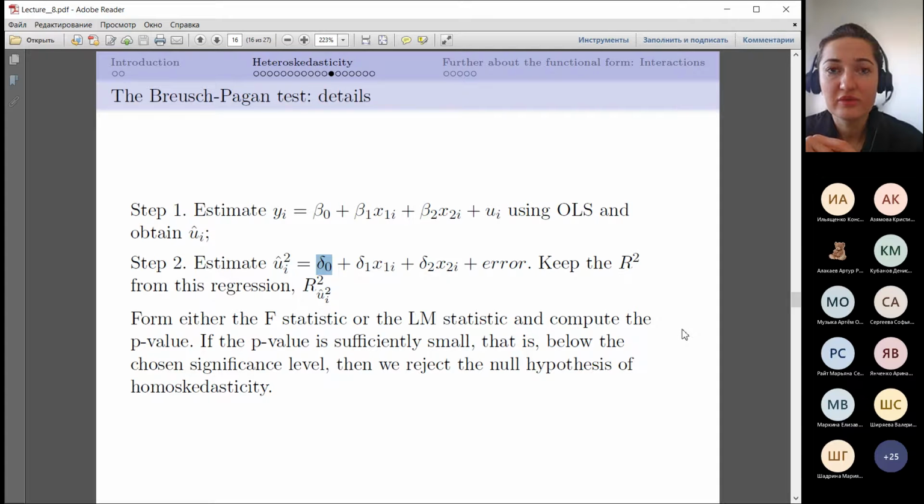If you want, for example, to eliminate this assumption, you can add special options. Please check all the options in Stata, or please ask about this during the seminars with your teachers, okay? Because every time you start to work with a new test, first of all, you need to check all the assumptions of this test, because the assumptions of this test influence your conclusions and the limitations of this test, okay?